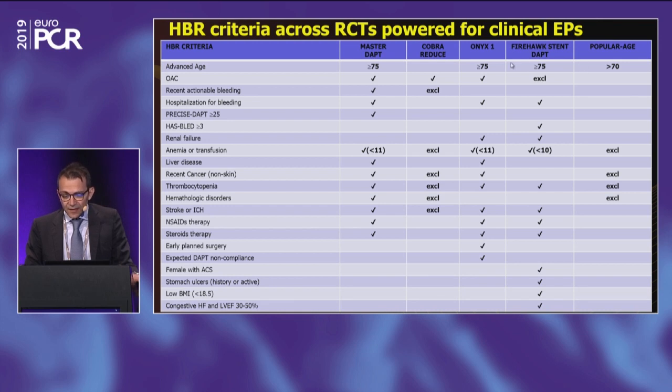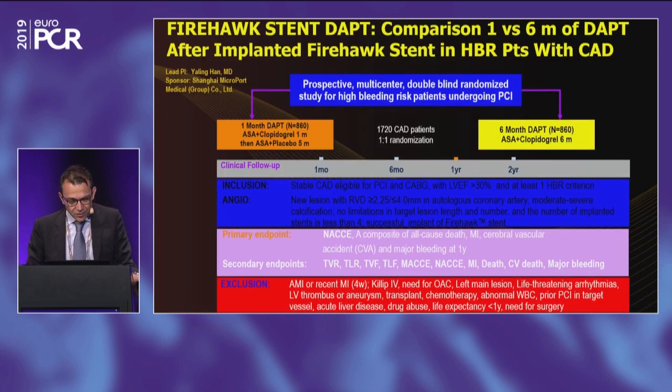Having said that, I think it's worthwhile emphasizing that specifically for the Firehawk stent DAPT study, also some criteria which in my understanding have really nothing to do with HBR features, such as female with anemia or congestive heart failure with reduced LV ejection fraction, are also making patient inclusion possible.